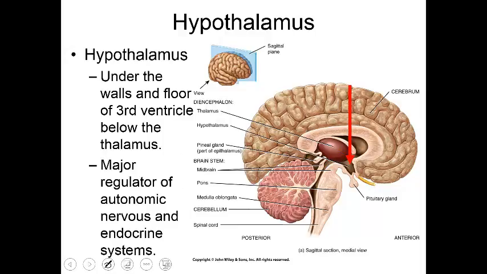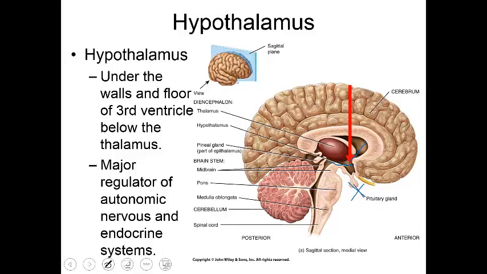The region below the thalamus, so this brown region below the thalamus, is called the hypothalamus. The hypothalamus is a major control center for the autonomic nervous system, and also the endocrine system, because it has the master gland of the body, which is the pituitary gland.